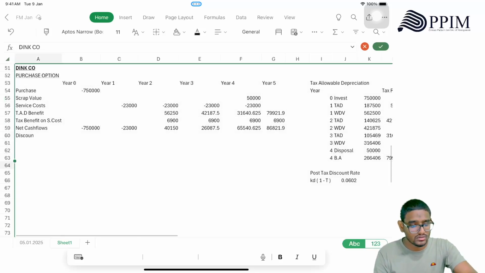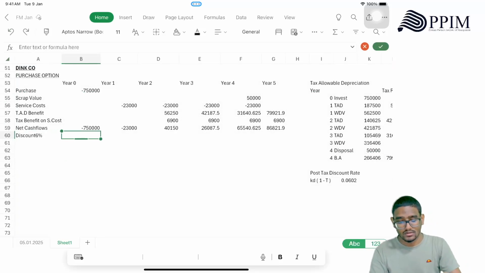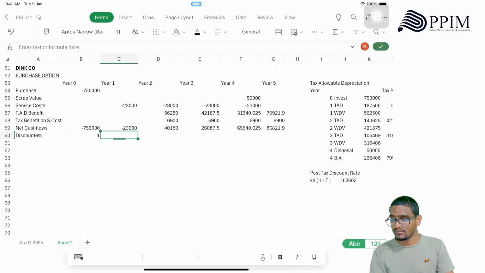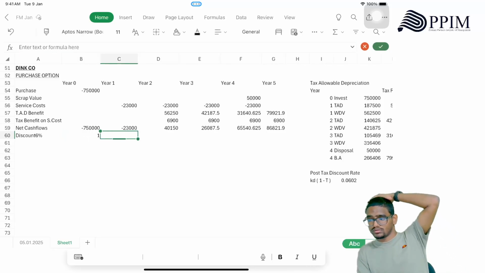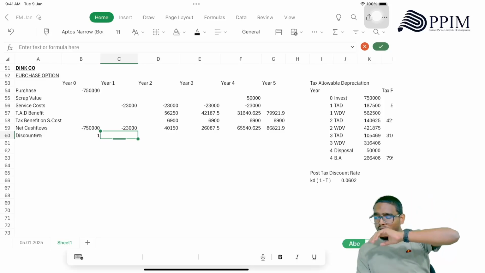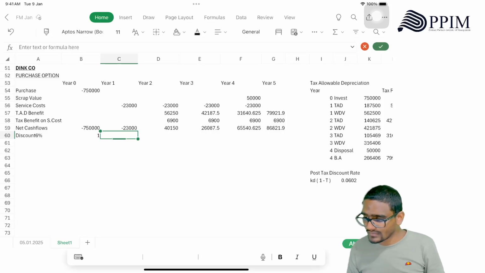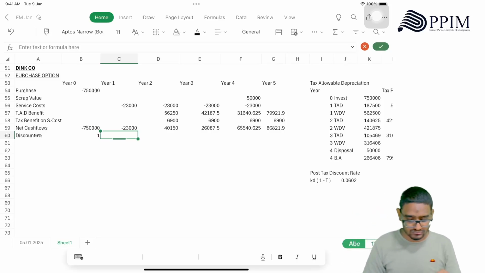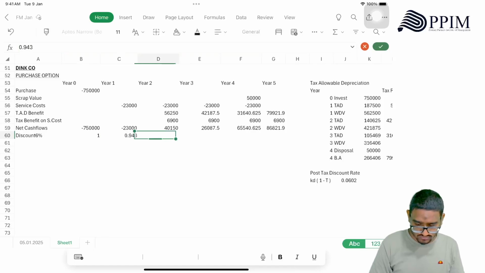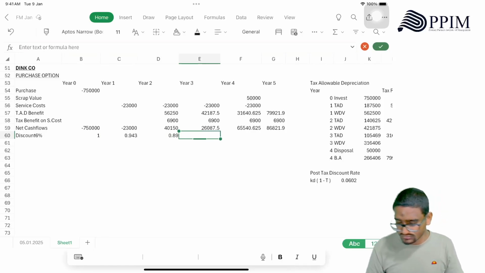Anyways, this should be one. What's the discount rate? 6%, 0.943, 0.840.